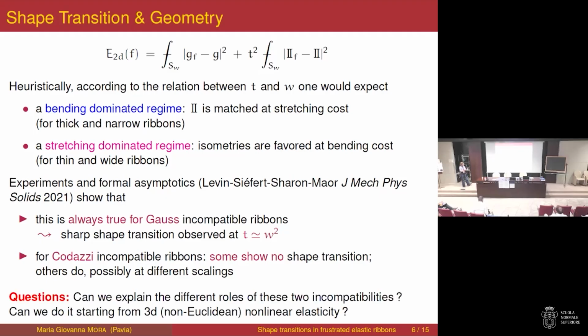Okay, so now the questions become: first of all, can we explain the different role of these two incompatibilities, and can we do it starting from the three-dimensional model of nonlinear elasticity, which will be non-Euclidean to include the geometric incompatibility.